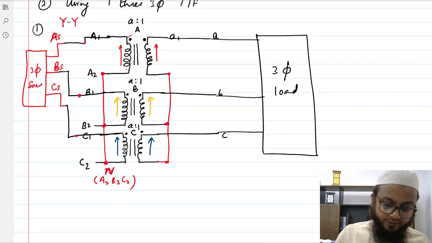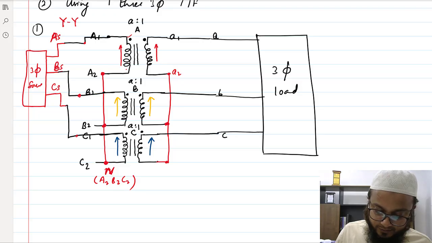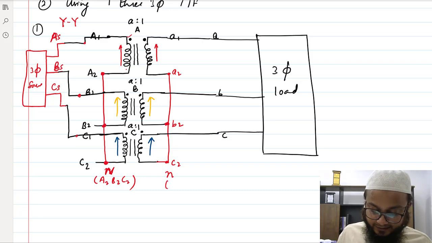So here the polarities which are marked, this is A2 here, B2 and C2. So this neutral point at the secondary of it, A2, B2 and C2, they are connected.